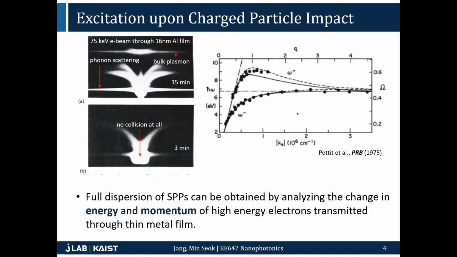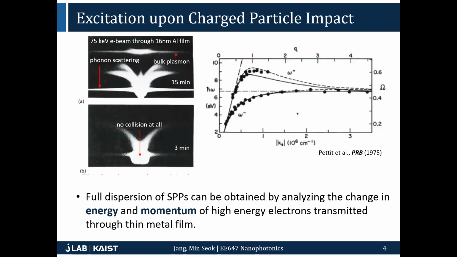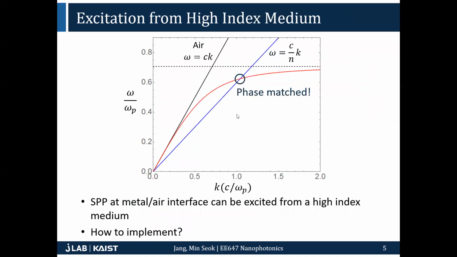You just shoot high energy electrons and then measure the input and output electron energy and momentum, and you can map out the plasmon momentum and energy. So that's how you do it. Okay, but we want a more elegant way of exciting surface plasmons, a fully optical way, other than shooting electrons using an electron gun.